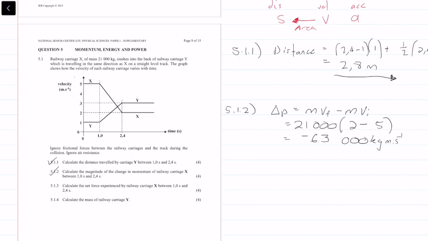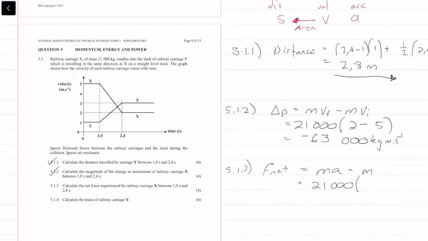Then it says calculate the net force experienced by the carriage between 1 second and 2.4 seconds. So 5.1.3 is asking for F net, which is equal to MA, using our normal equation. We need to figure out what our acceleration is, because we know our mass, 21,000.